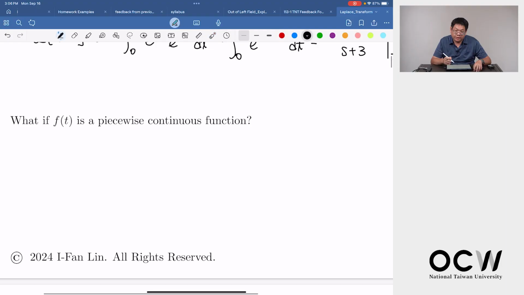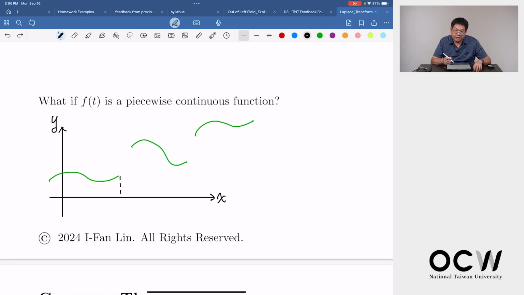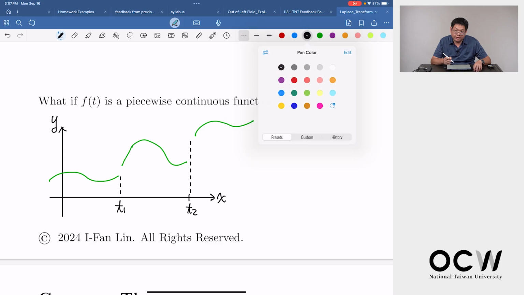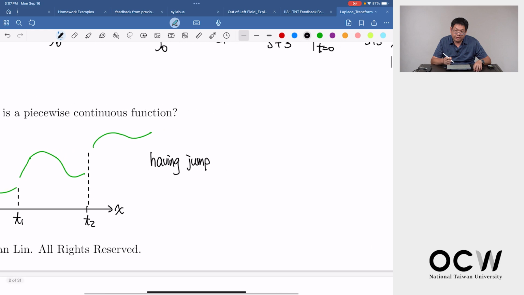Piecewise continuous means the function is continuous, but at some points it disconnects. So you can see at t1, and here we have t2, we have a jump, having jump discontinuities.